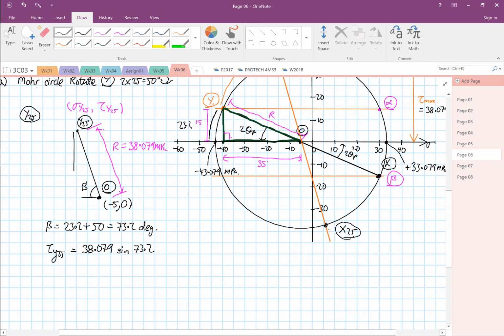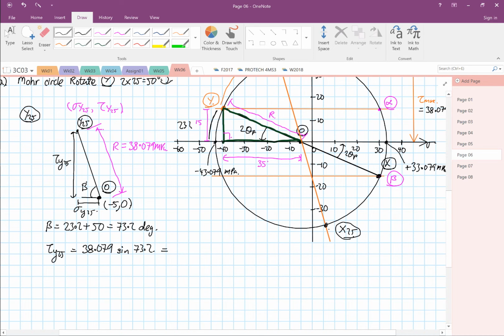Why sine? Because we want to find this height over here, which is your shear stress Y25. The distance from here to here is your normal stress Y25.